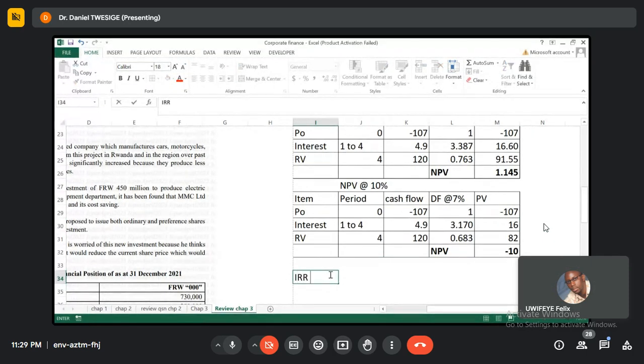So what is the IRR? You can use cost of capital, you can use any as long as you are consistent. 0.07 plus 1.5 over 1.145 minus becomes plus, plus 10. B is 0.1 minus 0.07.